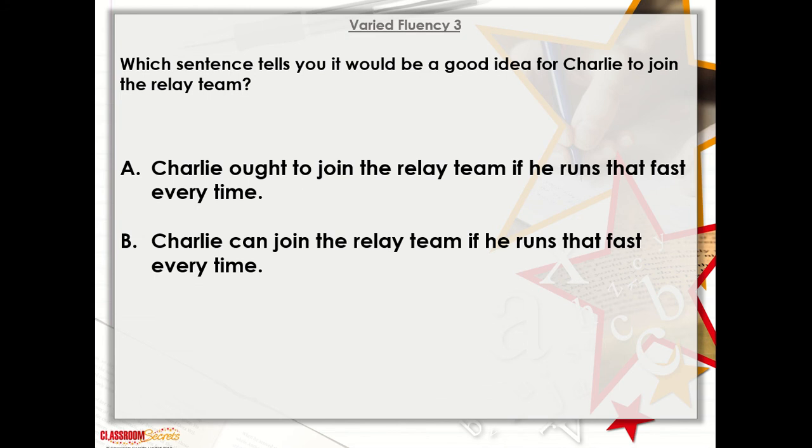Which sentence tells you it would be a good idea for Charlie to join the relay team? Charlie ought to join the relay team if he runs that fast every time. Charlie can join the relay team if he runs that fast every time. Which one of those tells us if it's possible or not? Well, that one is he ought to join it.